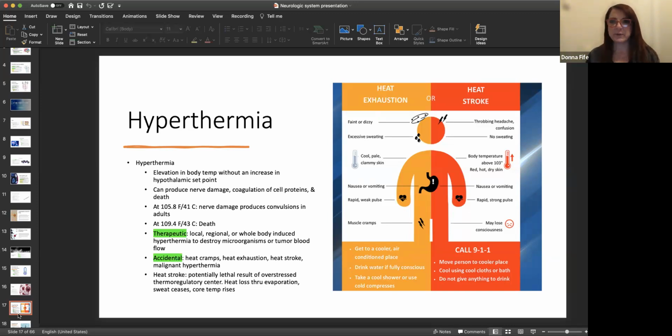Heat stroke was a big one in Florida where I worked and practiced for many years. Heat stroke is a potentially lethal result of an overstressed thermoregulatory center, heat loss through evaporation, and it's important to note that sweating ceases or stops, and the core temp rises. And the diagram here just shows some differences between heat exhaustion and heat stroke and what you should do in those instances.